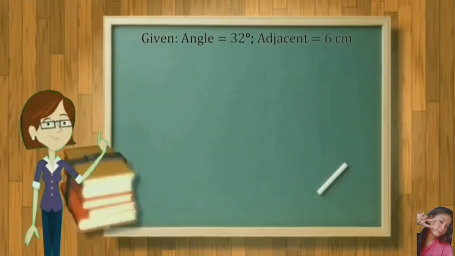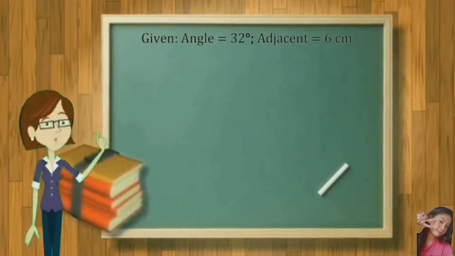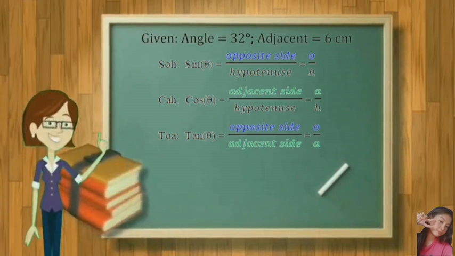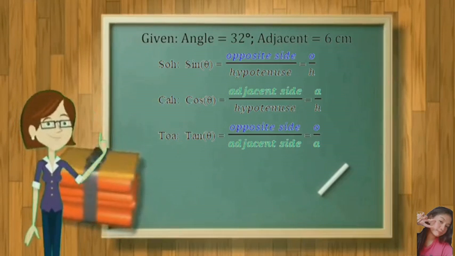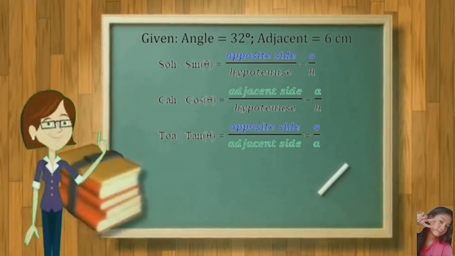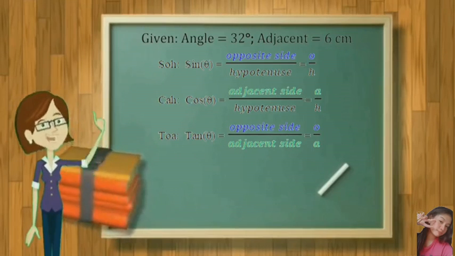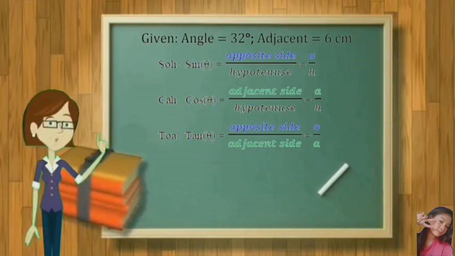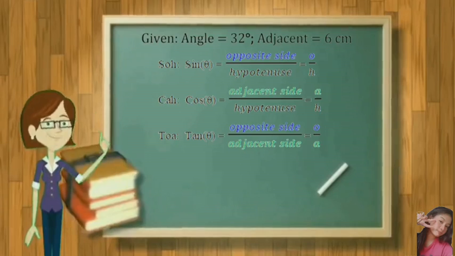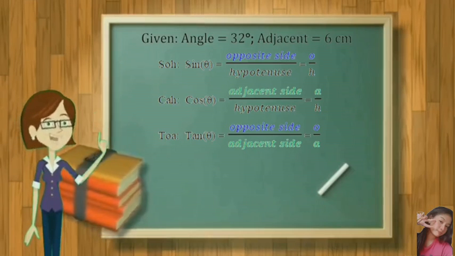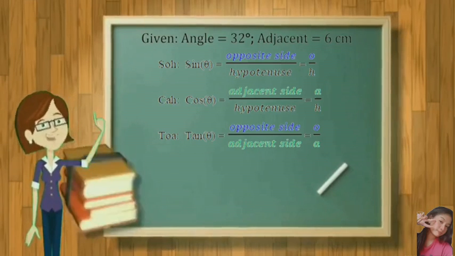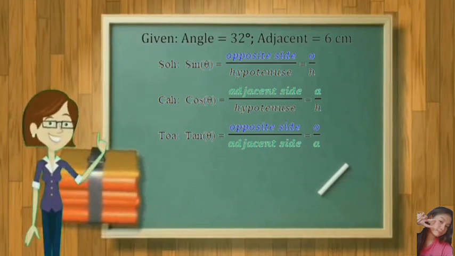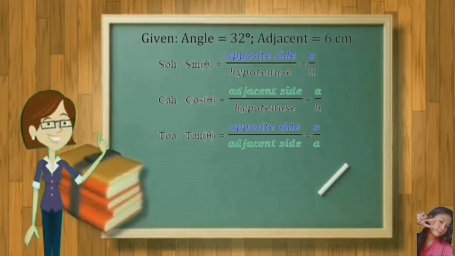To find the value of the opposite, we need to first determine what trigonometric function will be used. Based on the SOHCAHTOA technique, pick the function that includes the side that has the given value and the side that you're looking for. So in this problem, we are given the value of the adjacent and we're looking for the value of the opposite, or the x unit.